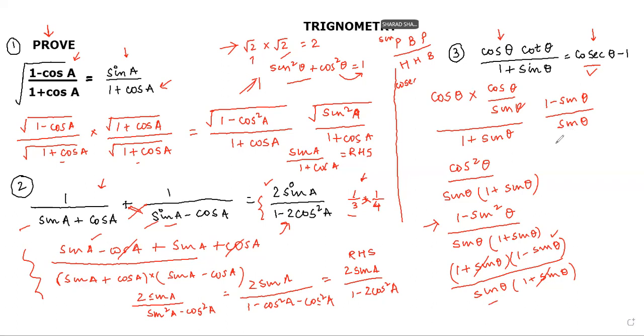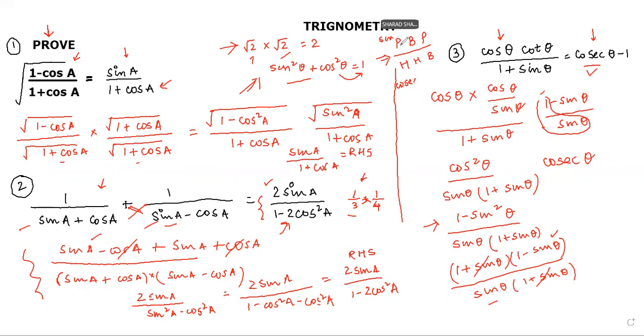Okay, so now again, basic maths. 1 upon sine theta, 1 upon sine theta. Take this part. 1 upon sine theta is nothing but the inverse, which is cosec theta. Remember, Pune, Bombay, Pune upon HHB.